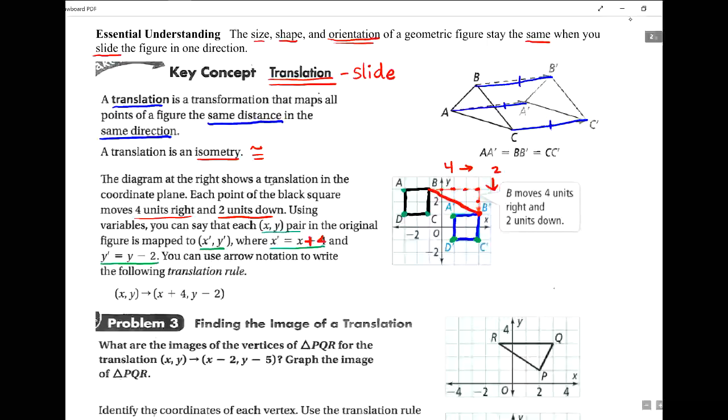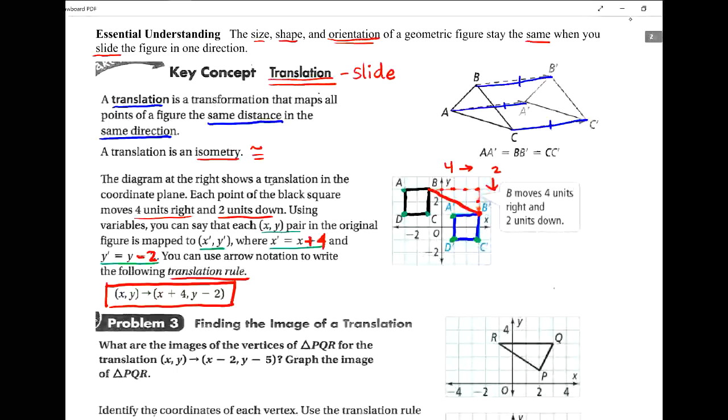This is plus 4 in the x direction, and down 2 is minus 2 in the y direction. This allows us to write a translation rule. It says that every point (x, y) maps onto (x plus 4, y minus 2).